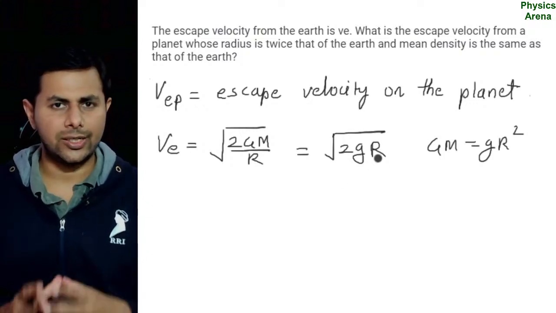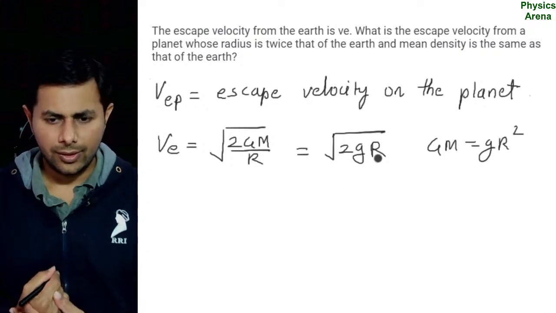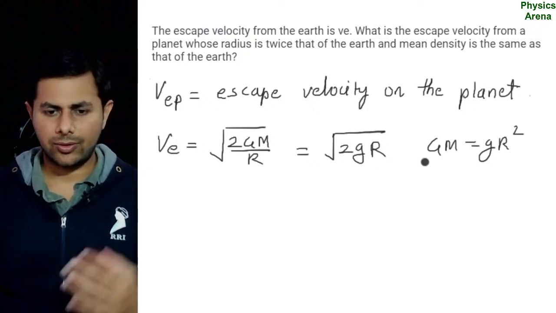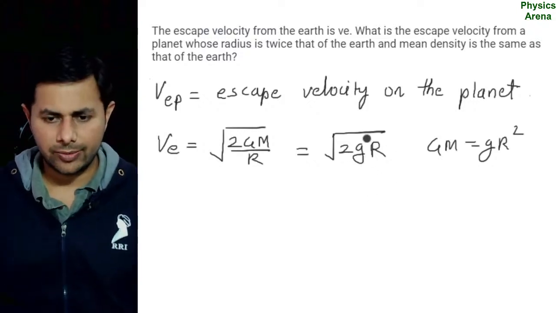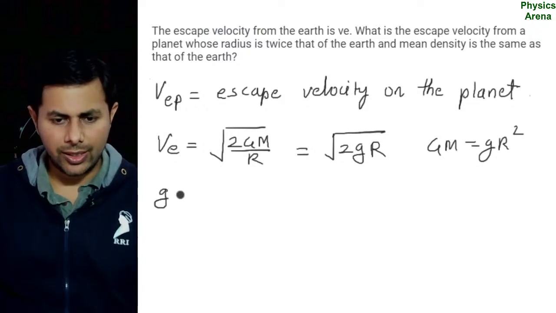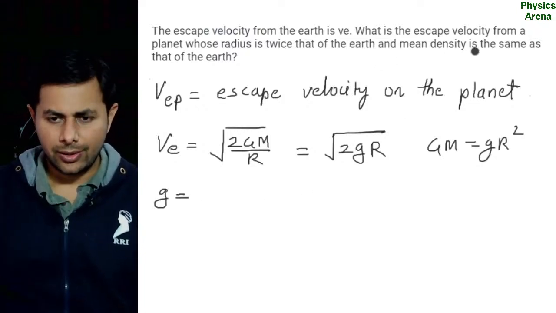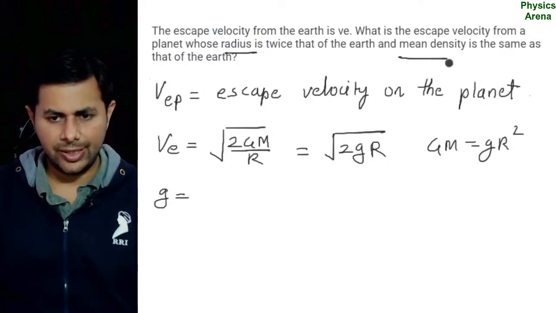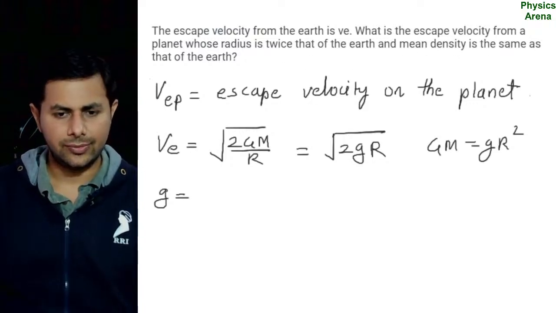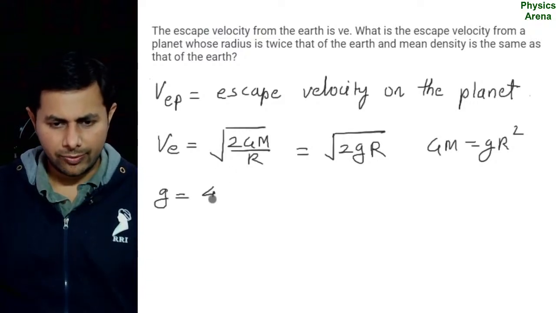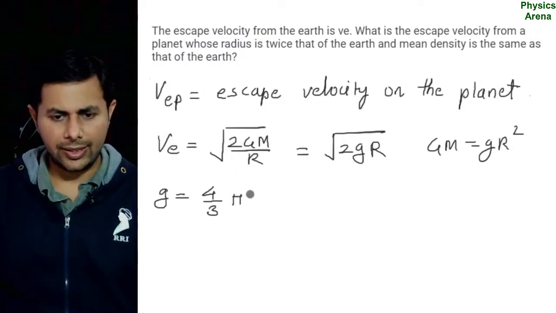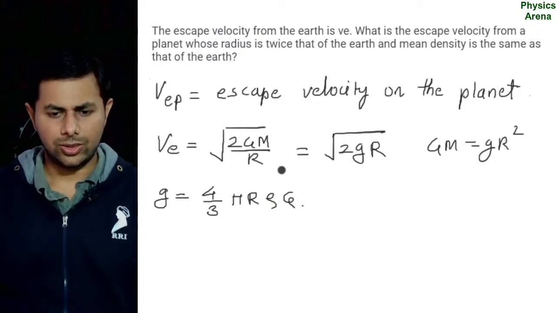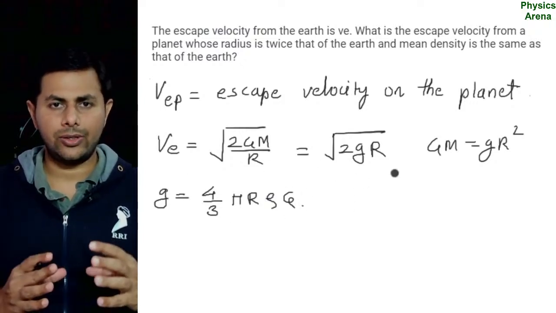So we had derived this other formula too. Now why am I using this formula? It's because I know the formula for acceleration due to gravity in terms of the radius and mean density, and that formula is 4 by 3 pi r rho G.